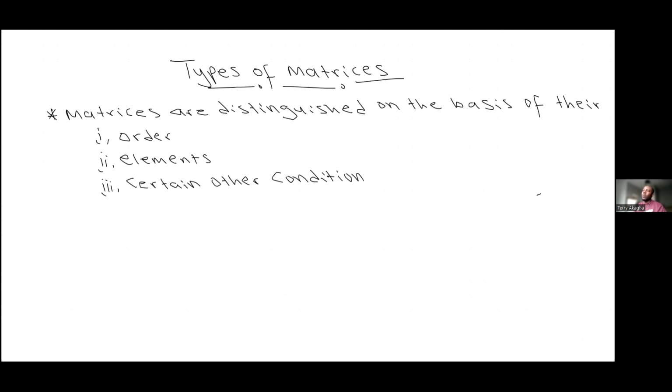Okay? So we distinguish matrices based on three things: the order, the elements the matrix contains, and also certain other conditions.